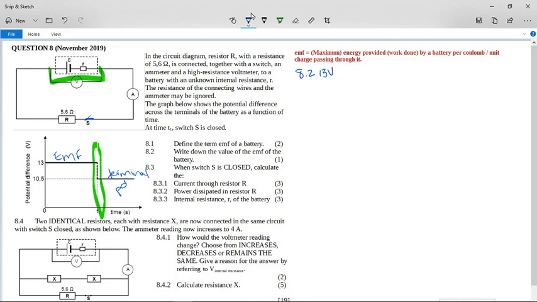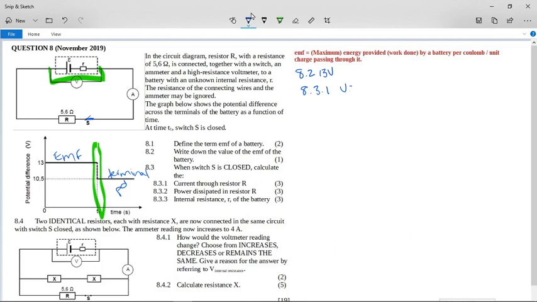Now it says to you, when switch S is closed, okay, so that's the second half of the graph, calculate the current through resistor R. Well, we know that the moment that you close the switch, the terminal potential difference is 10.5 volts. So this battery is only supplying 10.5 volts to the external circuit.